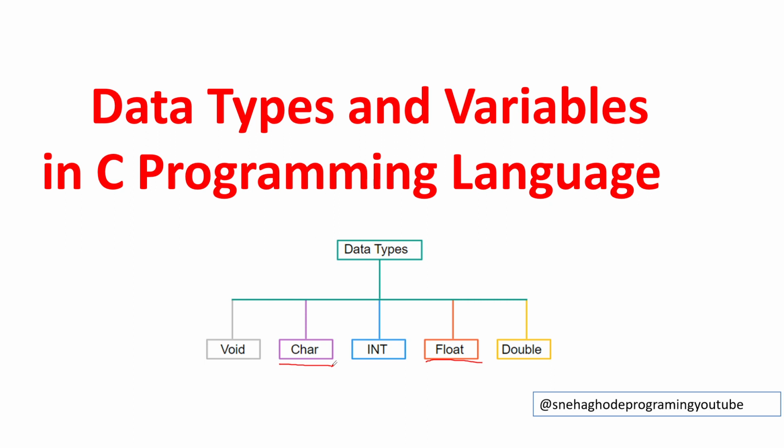Hope you are able to understand what the data types are. Basically we have the main data types: character, integer, float, double, and void. Void we are going to call a keyword, and yes, character, integer, float, double are also keywords.